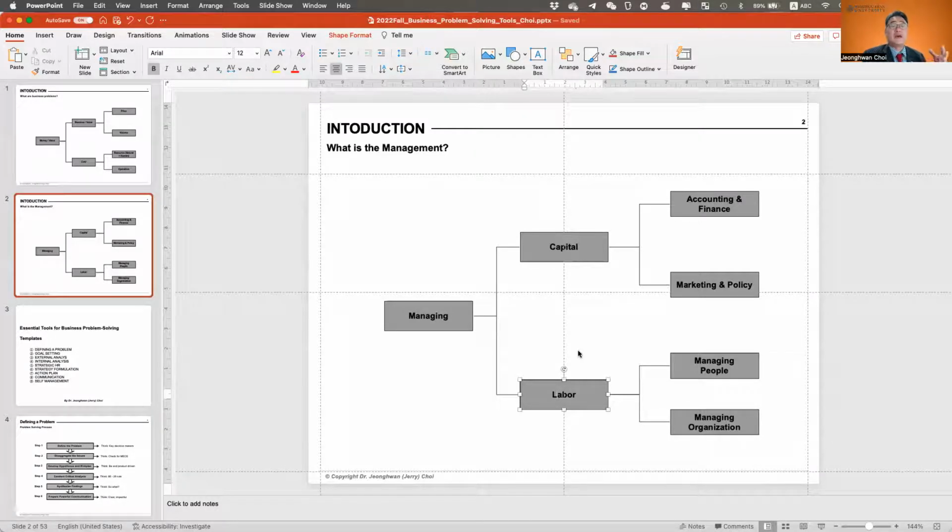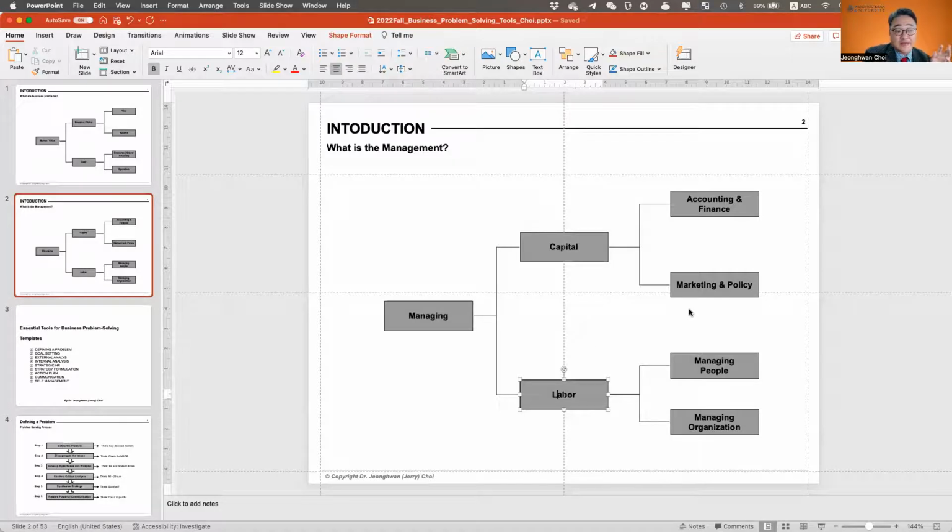So as business problem solvers, we manage money and people. Whether the problem is revenue, cost, or creating new value for society, we solve it by managing money and managing people. That's all.